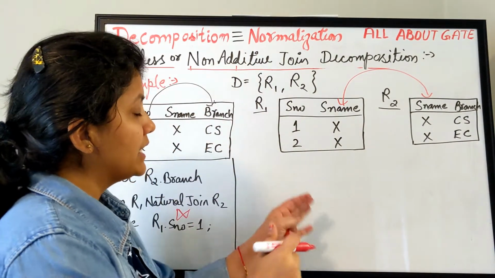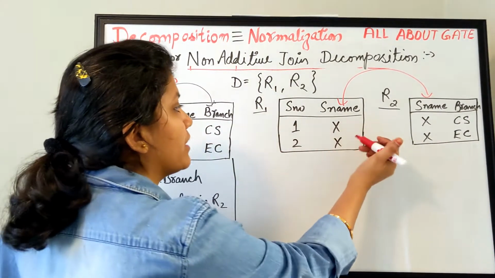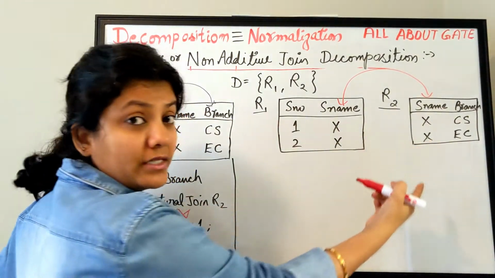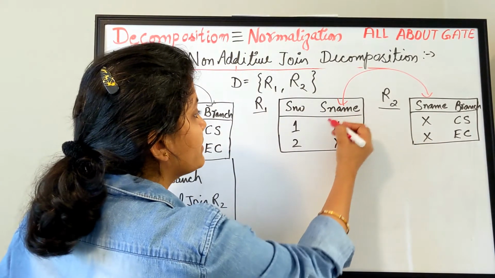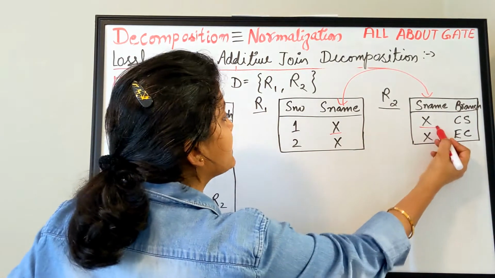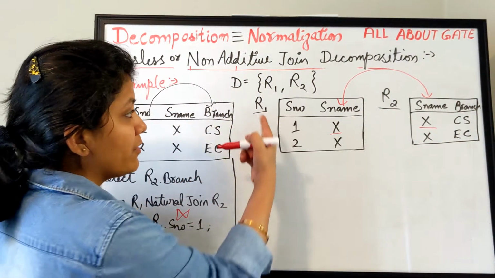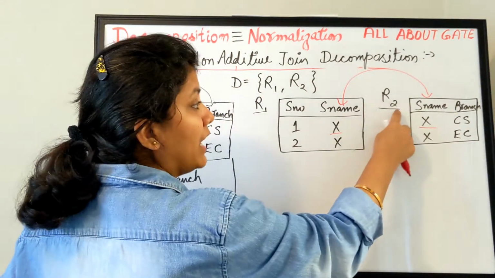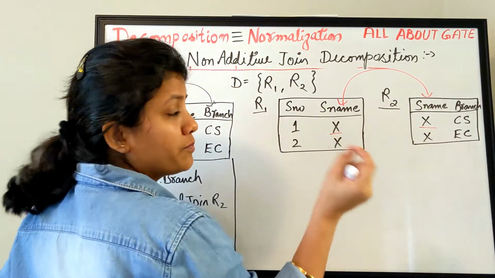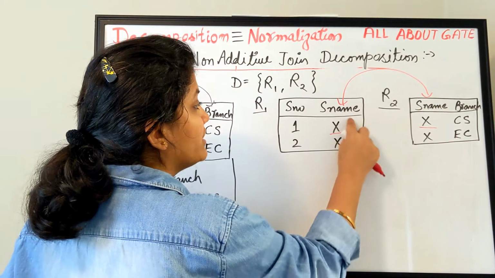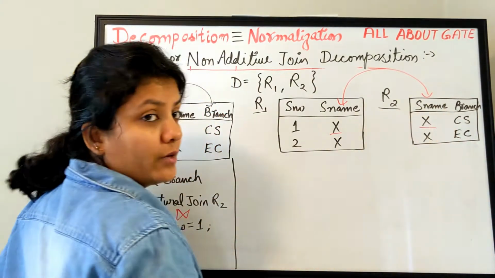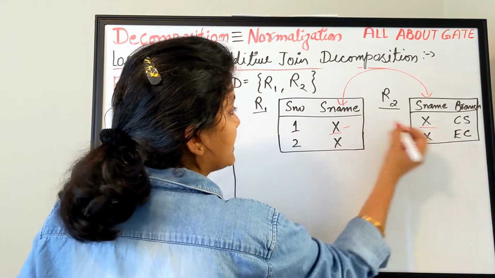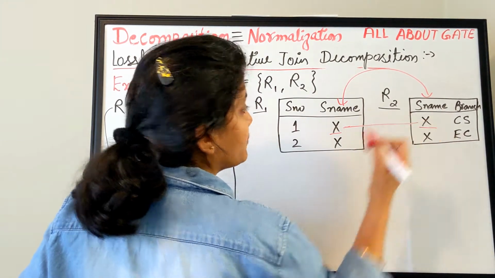So join performs on the common attribute. It will simply merge the tuples from one table with the other table wherever the value of this common attribute is the same. The tuple from R1 will be joined with the tuple from R2 wherever the value of this common attribute is equal. So this X is equal to this X, so this is going to merge with this tuple.